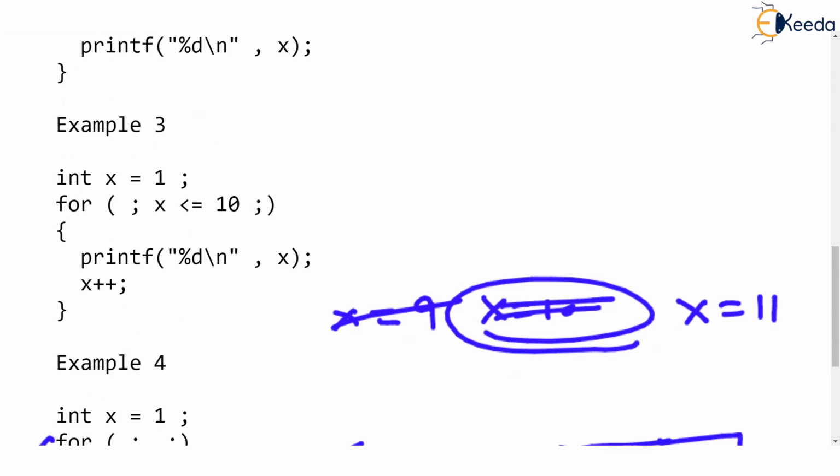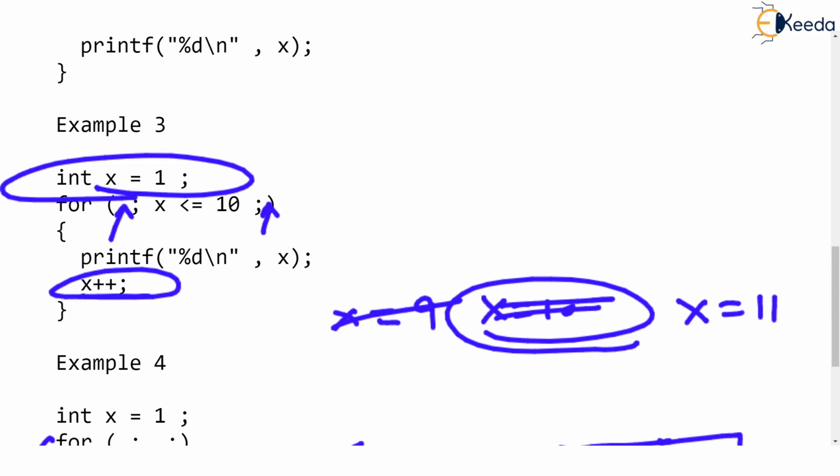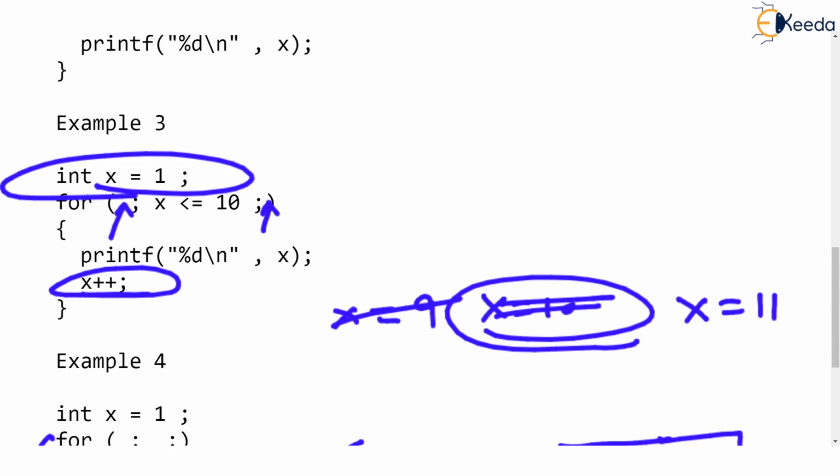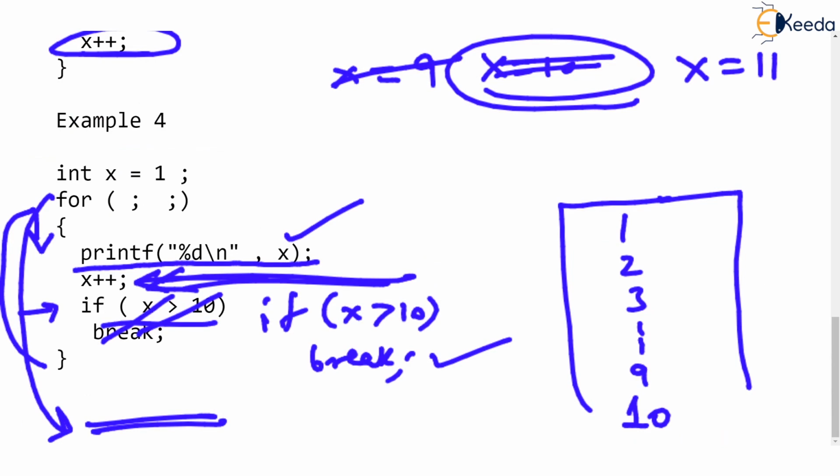We have not given initialization, neither change, because initialization and change have been done at separate places. And the fourth one is we have done nothing in the for. We have not given initialization, no condition, no change. But remember, if the condition is not given, then it is treated as a true condition, and such true conditions will make the for loop a forever loop.